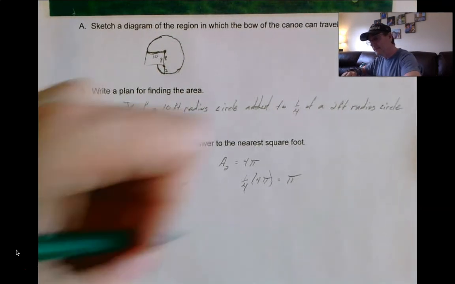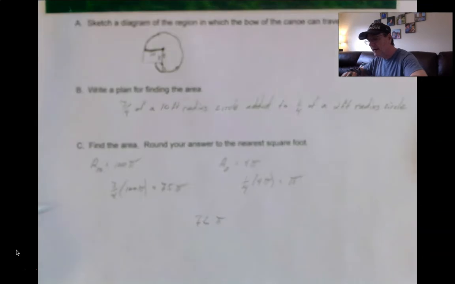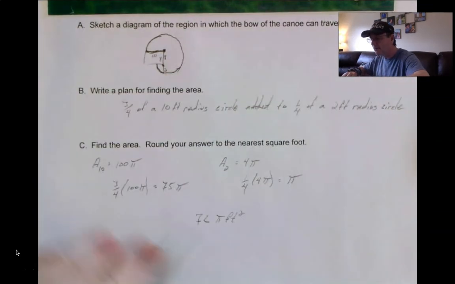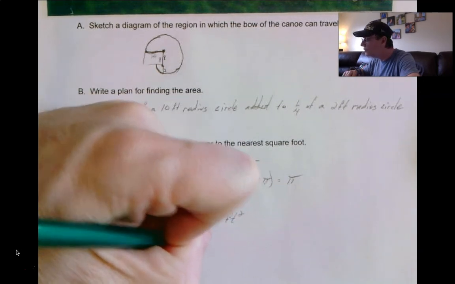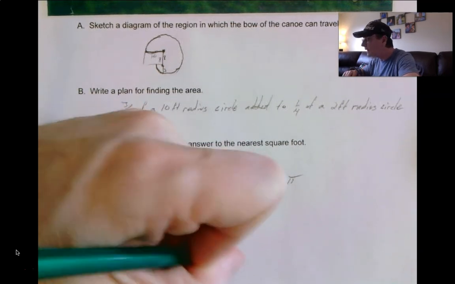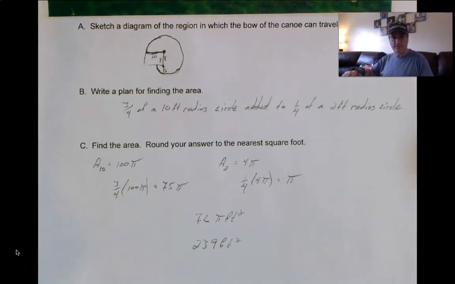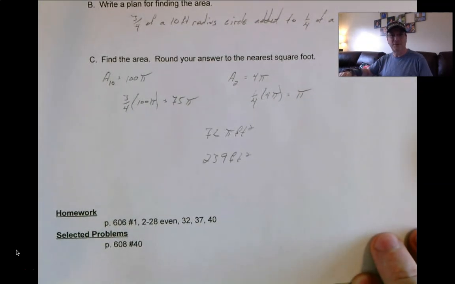Add these together, 76 pi, and what do we got? Feet squared, and we will round to the nearest foot, so 76 times pi is approximately 239 square feet. That's our last problem. Thank you very much. Bye.